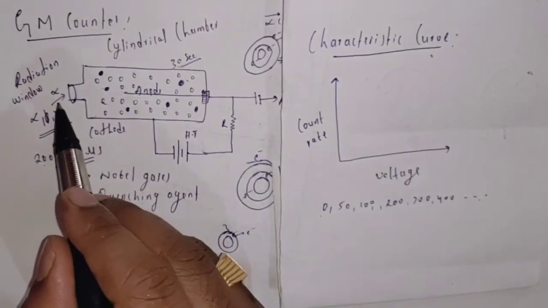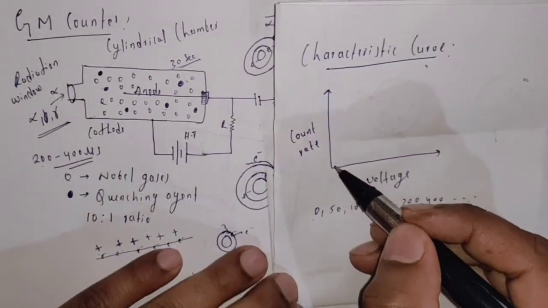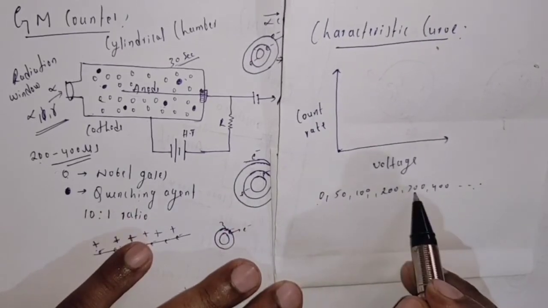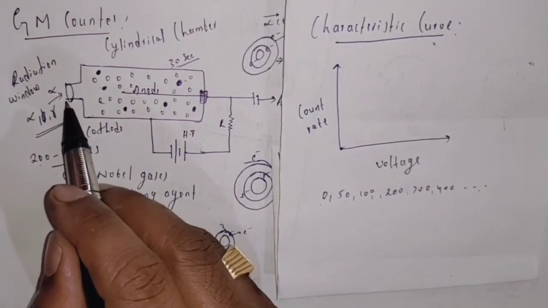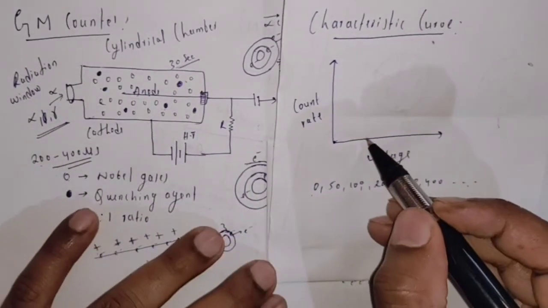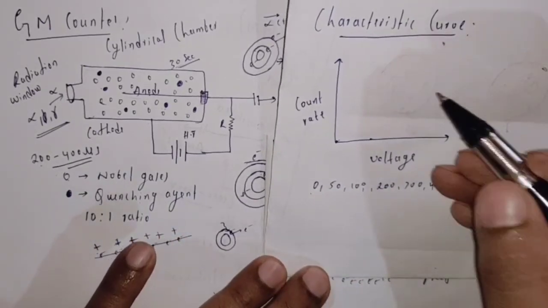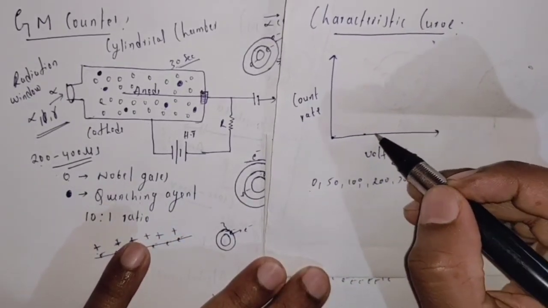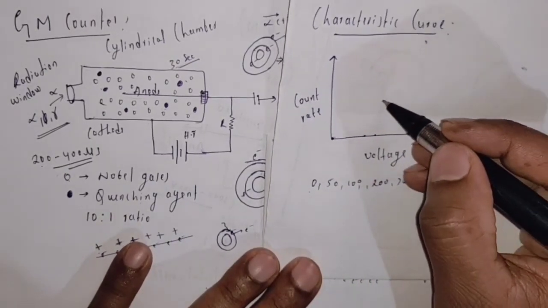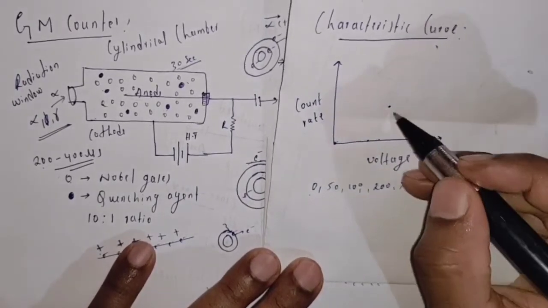For 0 voltage, the number of particles detected by the GM counter is 0, and for 50 volts to 300 volts the particles detected are 0. For 400 volts the particles detected are 0, and for 450 volts the number of particles detected we represent by this point.